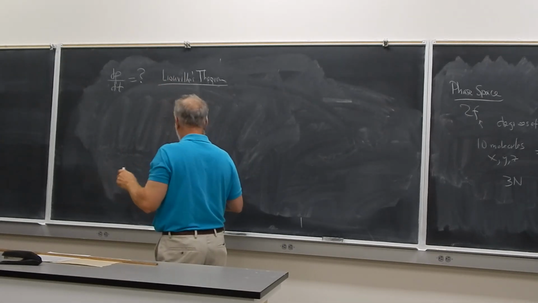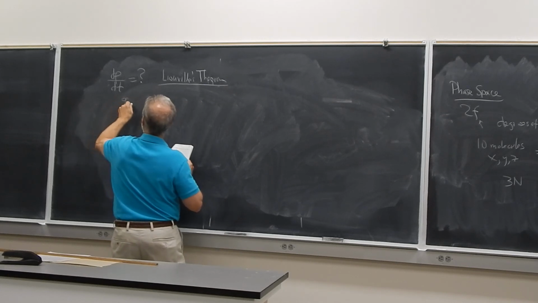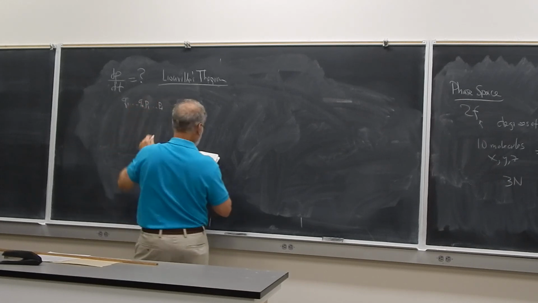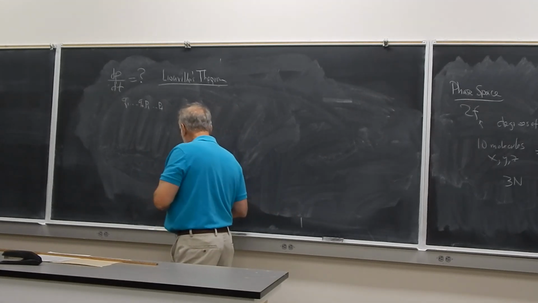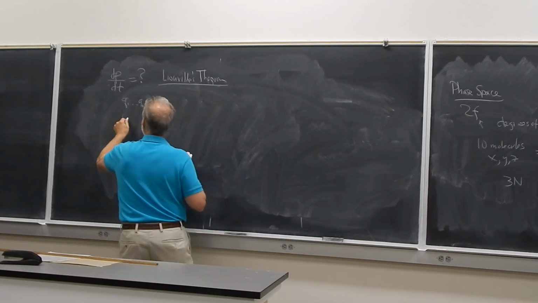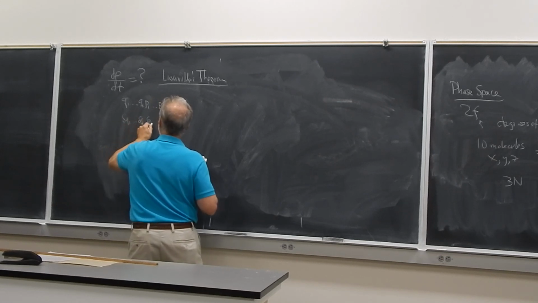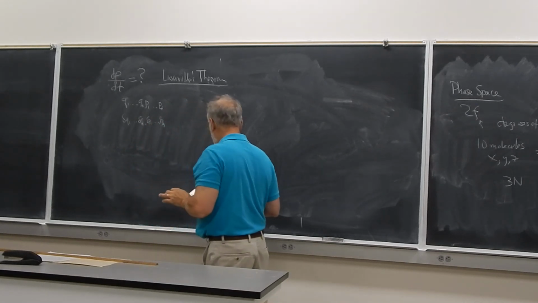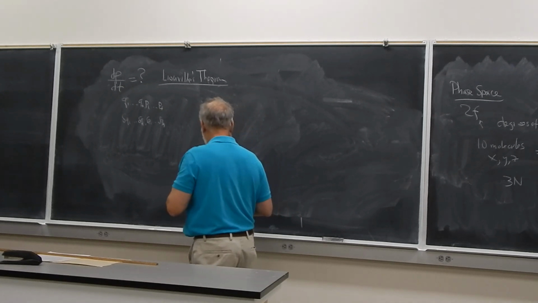So let's consider a point in phase space that we can describe by coordinates q1 through qf, p1 through pf. And let's examine a small differential extension of that point, delta q1, delta qf, delta p1, delta pf, where rho is the density at that point in phase space.